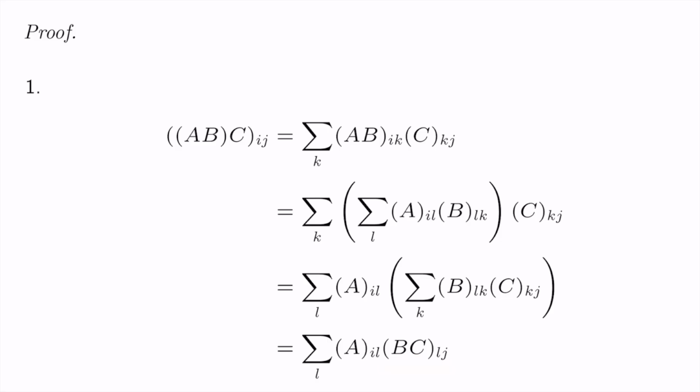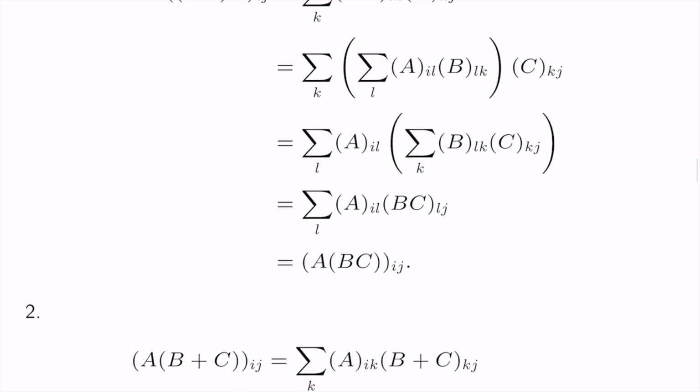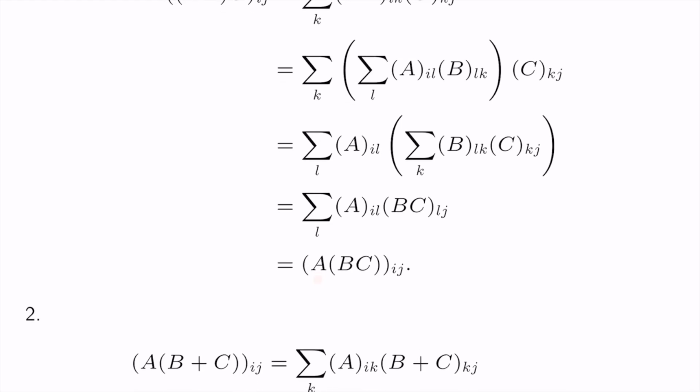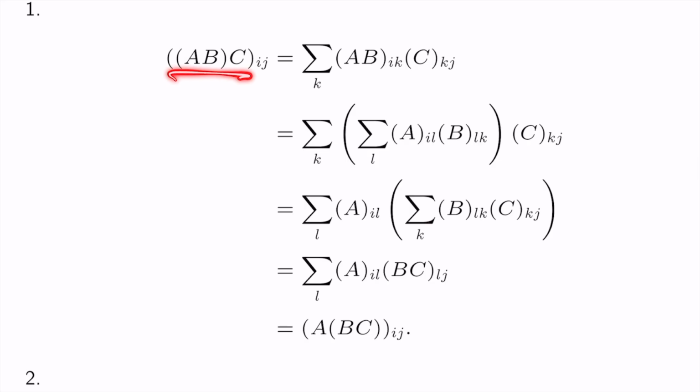Now look at this. We have the il element of matrix A and the lj element of BC. So l appears as the second index here and l appears as the first index here. That means this is the ij element of the matrix product A times BC. Therefore, the associativity holds.